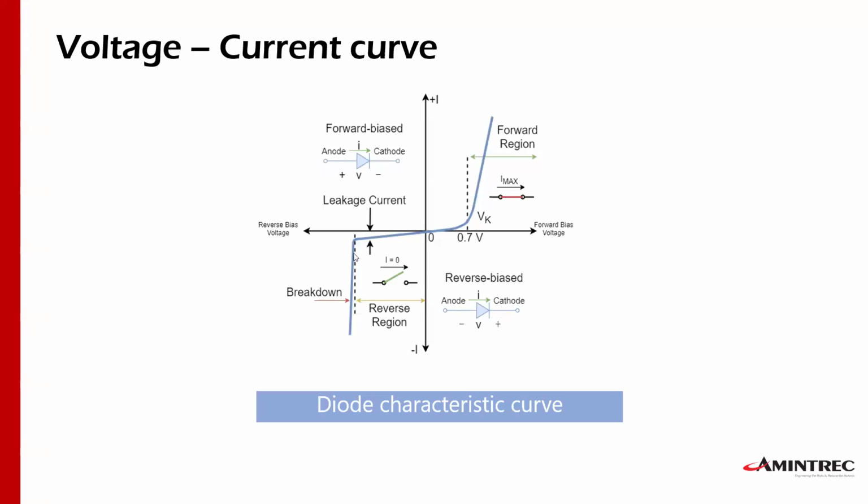And once I reach the breakdown voltage point, then I have a lot of current, over here, boom. This is the reverse region, the reverse biased, or inverse polarity: the anode with the negative, the cathode with the positive. And for the forward biased, it's the anode with the positive and the cathode with the negative, okay?